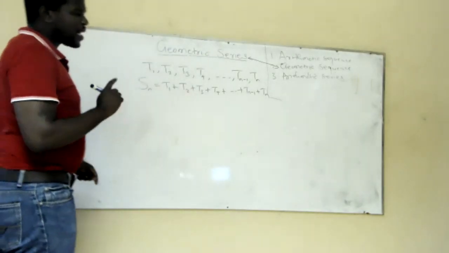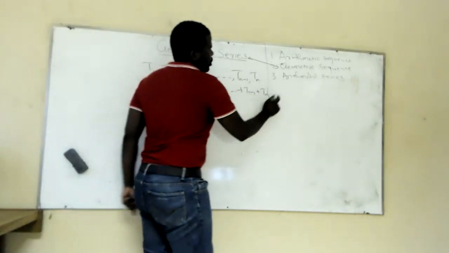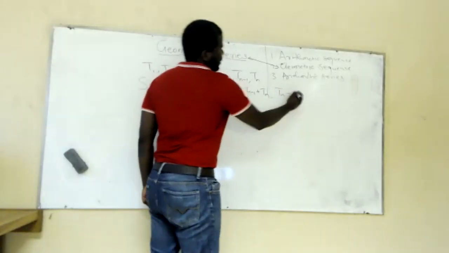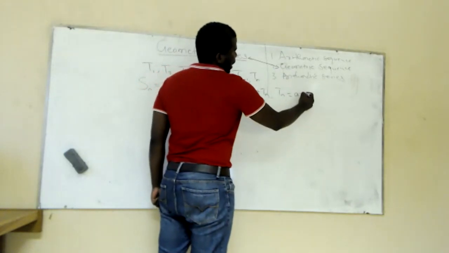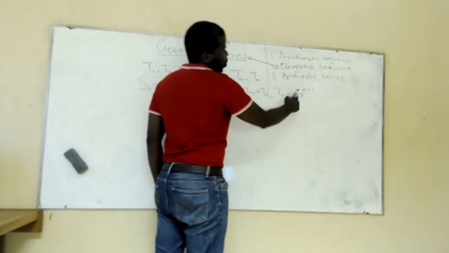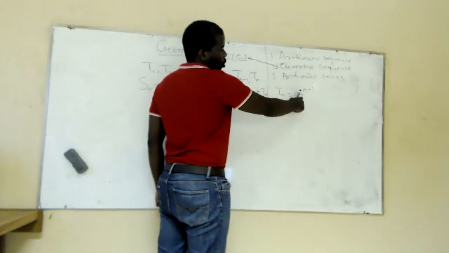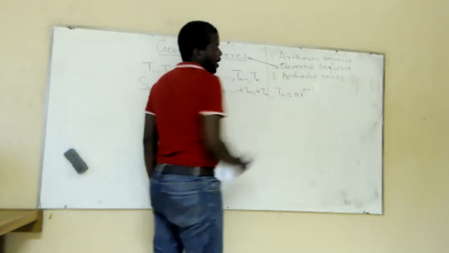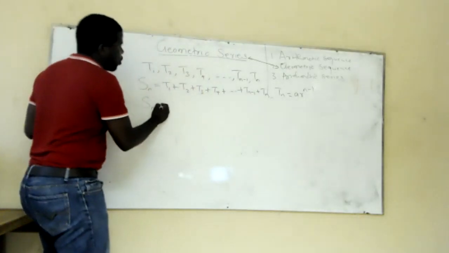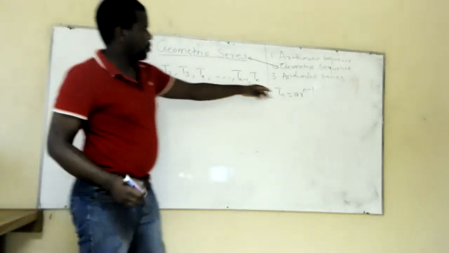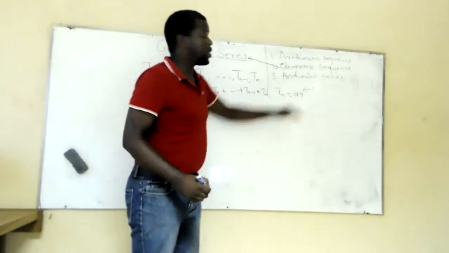Now, let me remind you about the formula for Tn under the geometric series. It is given by a r to the power of n minus 1, where a is the first term, r is the common ratio, and n is the number of terms. So now, tell me, what is the value of T1 if we substitute n into this formula?